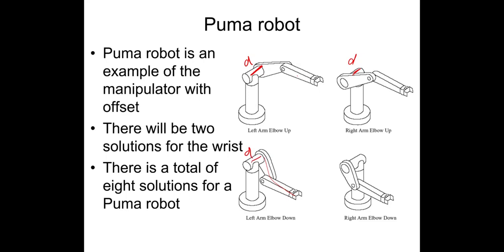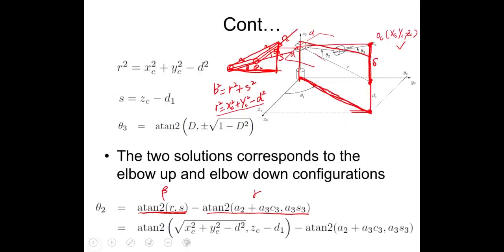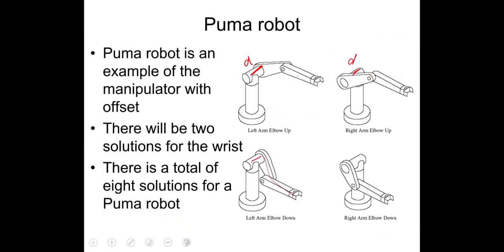From this analysis, we can see that although we're able to calculate these three joint variables, theta 1, theta 2, and theta 3, there is not a unique solution. There could be two solutions for the spherical wrist, one up and one down, for both the left and right configurations. Here is an example of R, which is theta 1, theta 2, and theta 3.